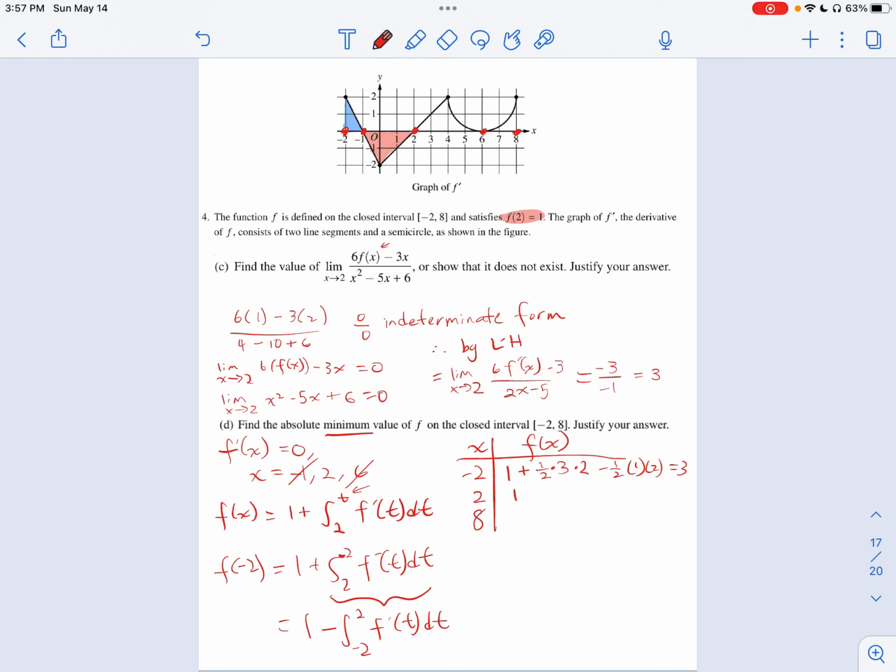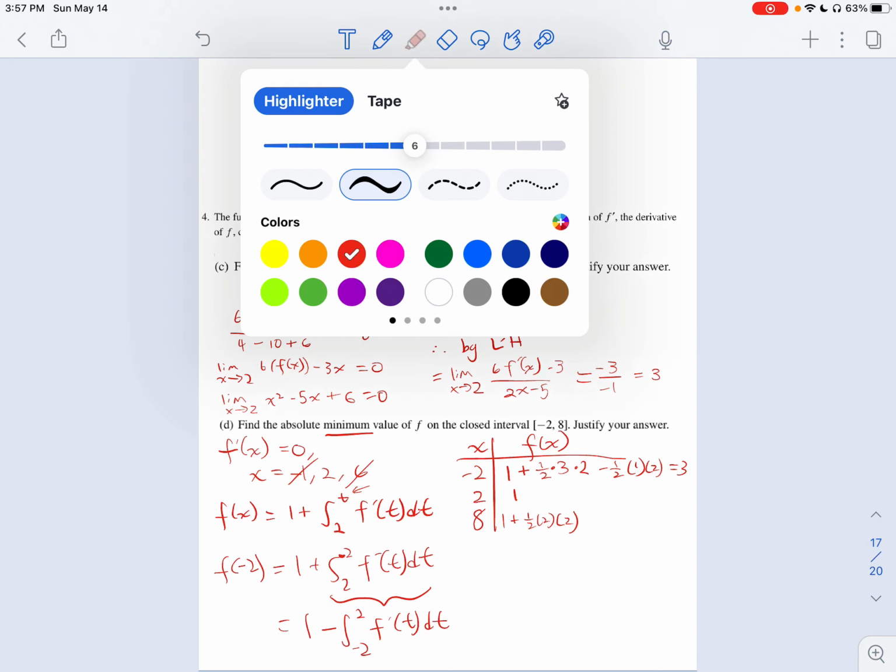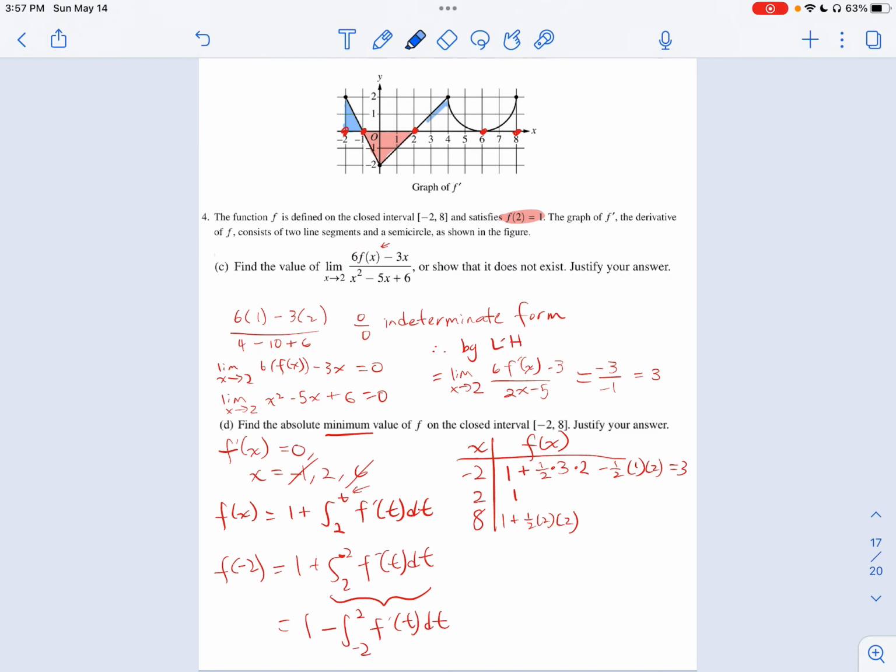Well, what about 8? So again, I'm going to just show my basic calculations here. We've got 1 plus 1/2 times 2 times 2. Again, we're integrating this time from 2 to +8. So what's nice here is you know that you're just going to have some positive areas. You don't actually need to do any flipping of any signs, right?